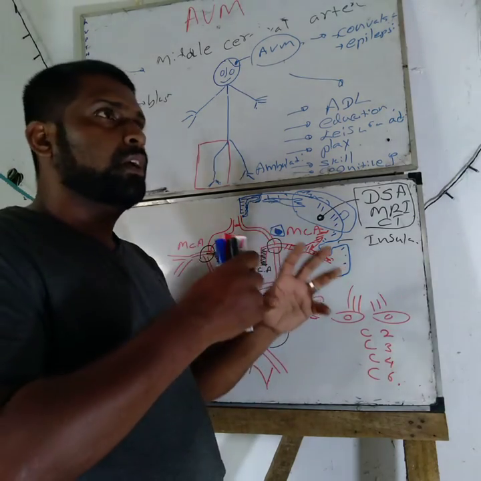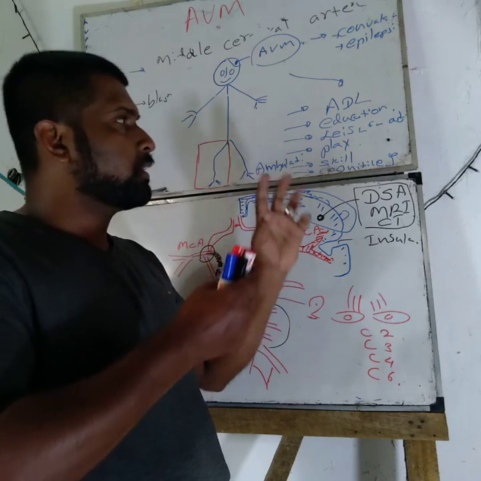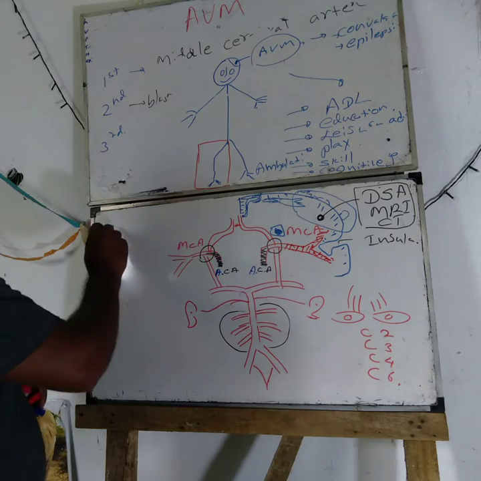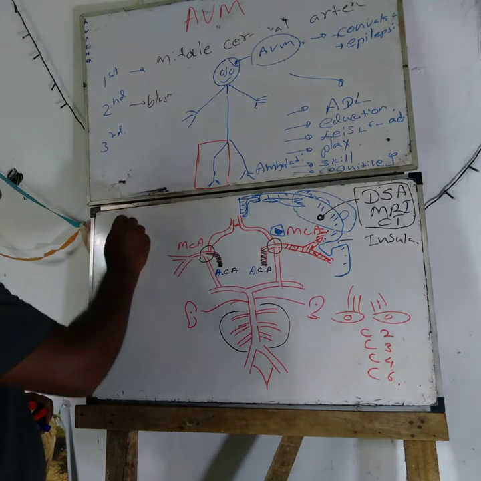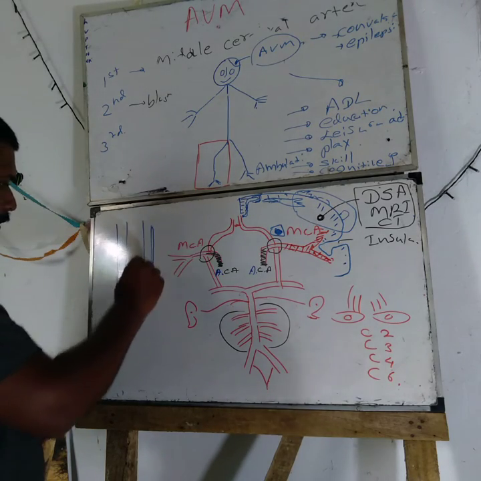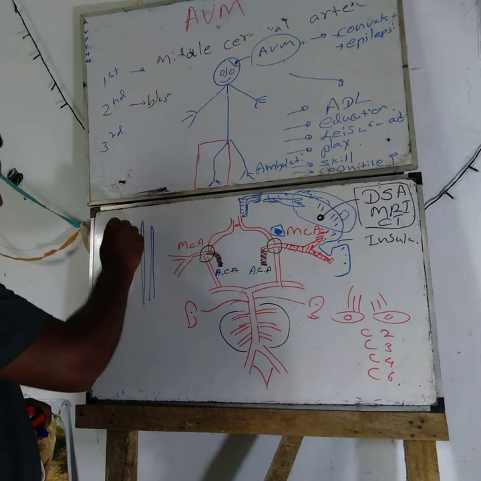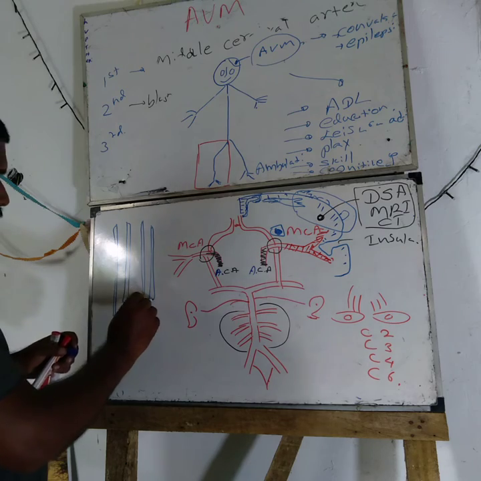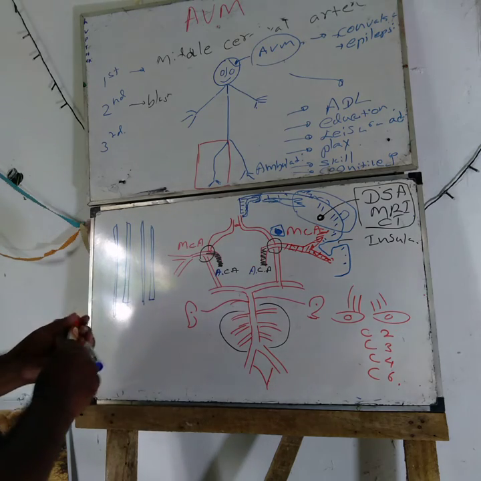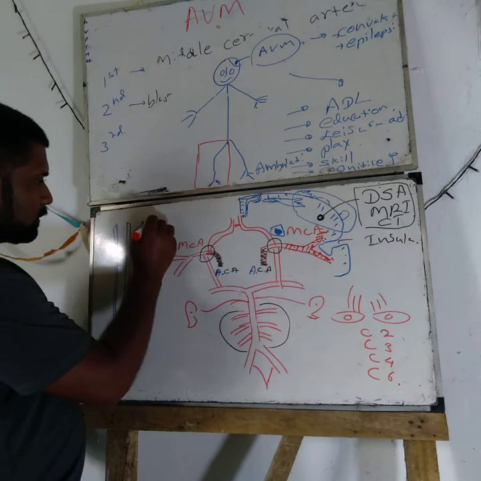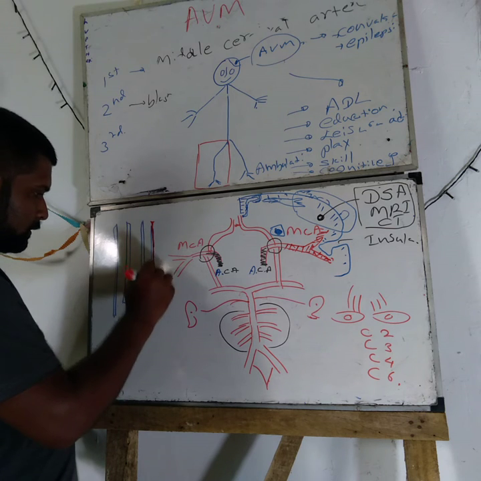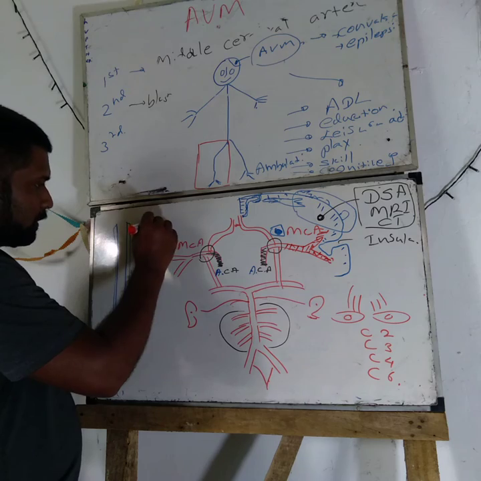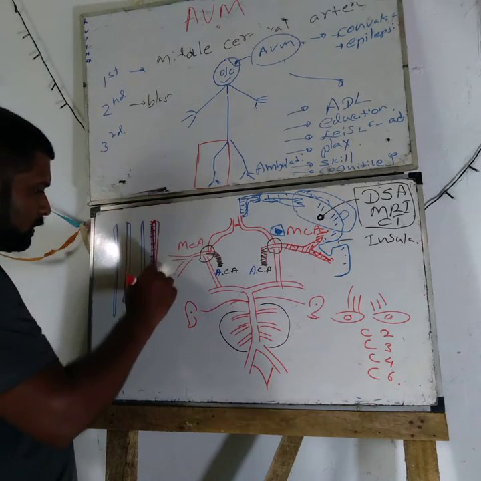In a malformation area, the arterial and venous, the arterial venous malformation area, there are three layers of the arterial and venous walls.